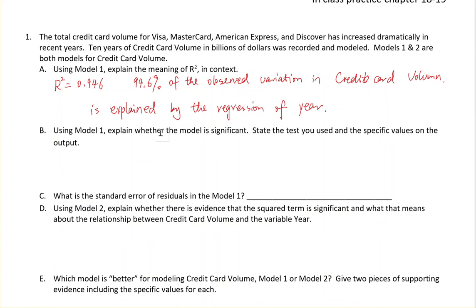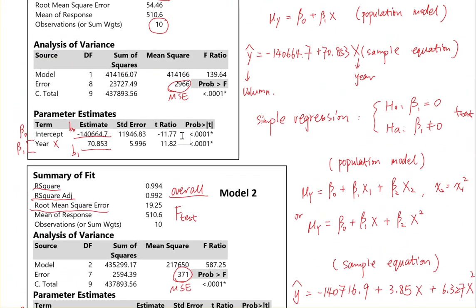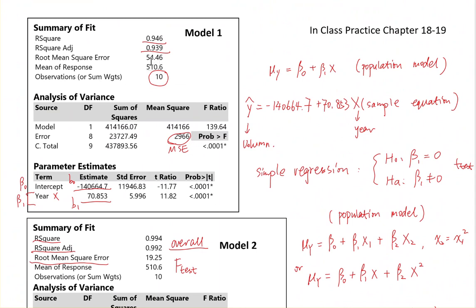So nothing difficult. Number B, using model 1, explain whether the model is significant. State the test you used and specific value on the output. Right, so as I said, model 1 is the simple regression, right? So for simple regression, how can we test the significance of regression? We only need to test beta 1, right? So we do not use the F-test.